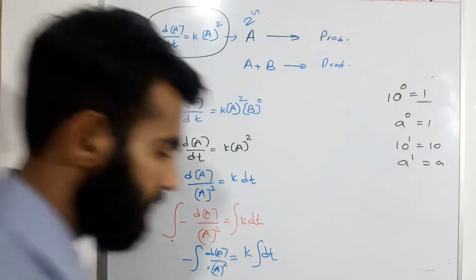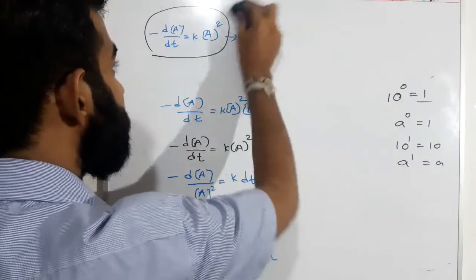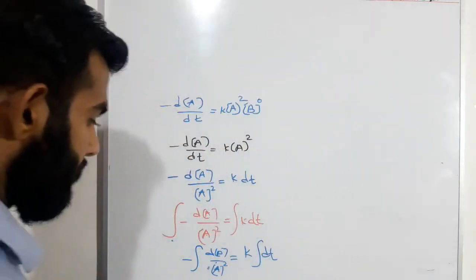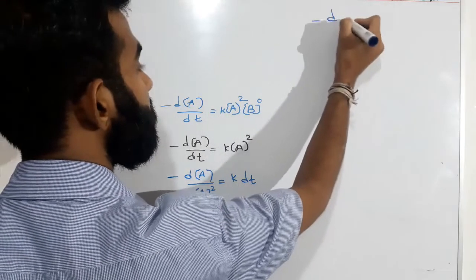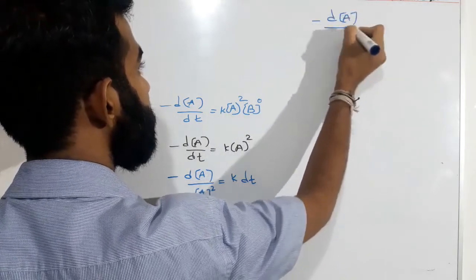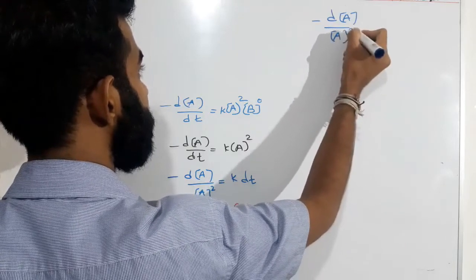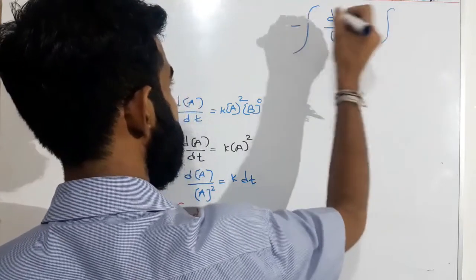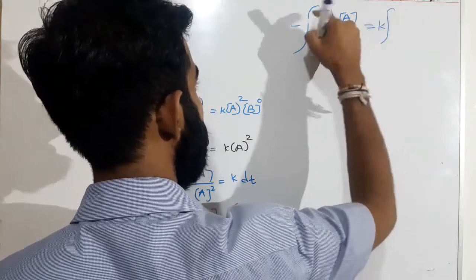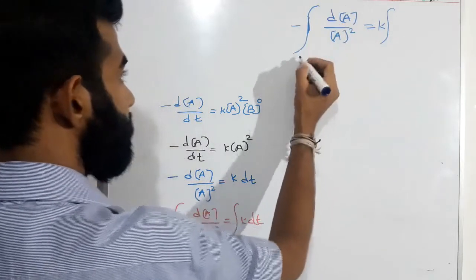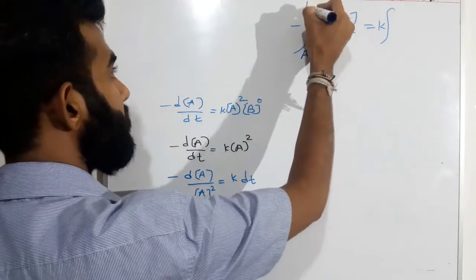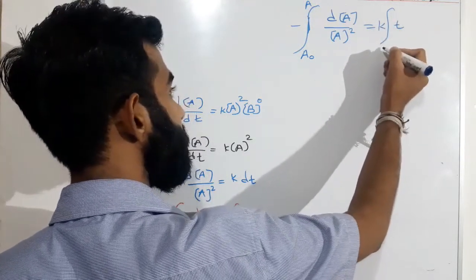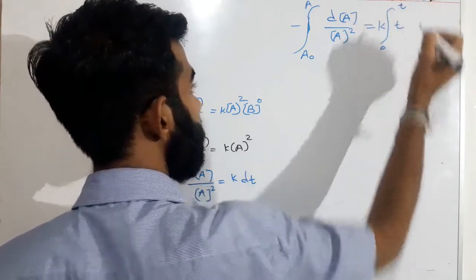After doing that, we can introduce the limits. What will be the limits? Minus integral of dA divided by A square, limits, and limits here K. Sorry, what are the limits? Here initial concentration is A naught, final concentration is A. Here K, here T, what are the limits? 0 to T, time T.